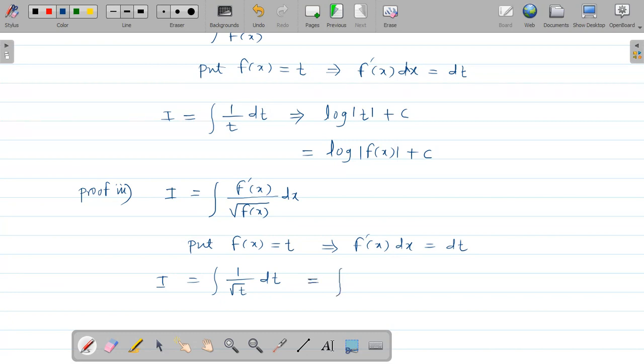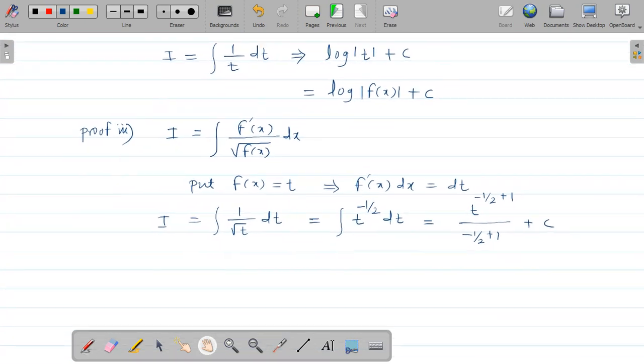In detail, the integration of 1 upon root t is actually 1 upon t raised to 1 by 2, which we can write as t raised to minus 1 by 2. Now the integration of t raised to minus 1 by 2 will be t raised to minus 1 by 2 plus 1 upon minus 1 by 2 plus 1, plus constant.